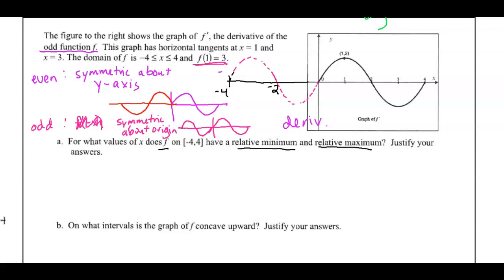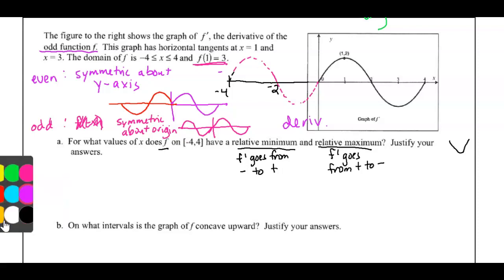Okay, so remember, we want to know if we have a relative minimum when our derivative goes, and this would be our justification, f prime goes from negative to positive, and then for a relative maximum, f prime goes from positive to negative. Those are our justifications. So let's look at our graph.